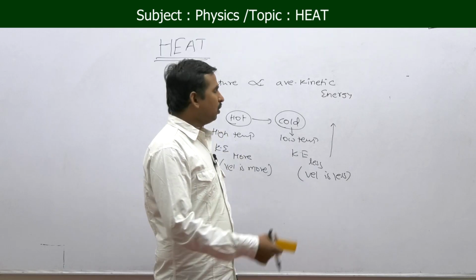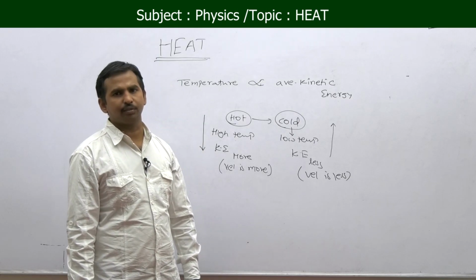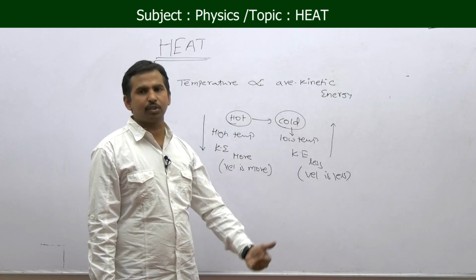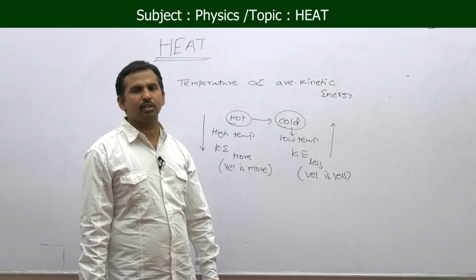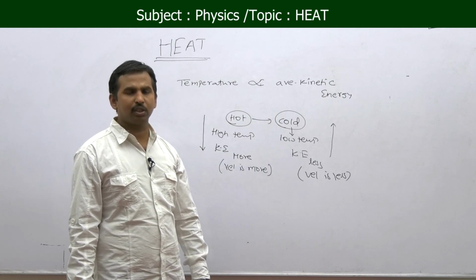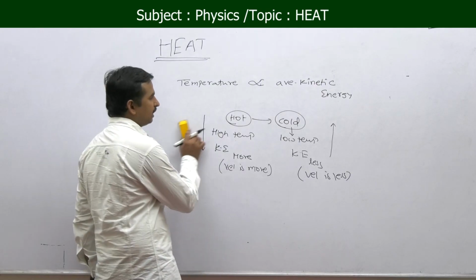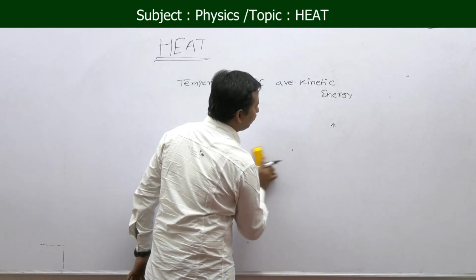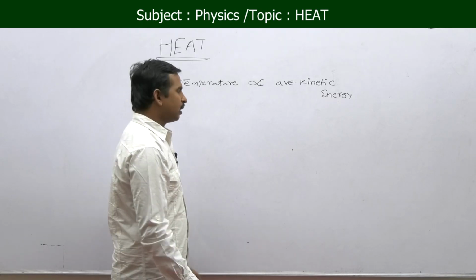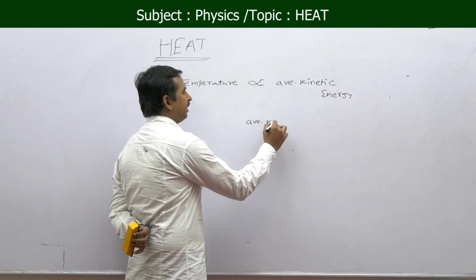Depending on that, we have different temperatures. Even if you supply heat energy to a substance, all substances do not increase their temperature equally, because whenever you supply heat energy to any substance, it doesn't mean that it utilizes that energy only for kinetic energy. Some of them use their energy for average kinetic energy.